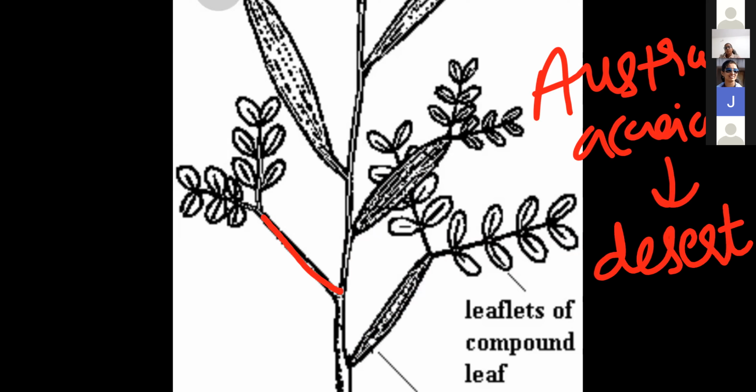To fulfill the food requirement of the entire plant, particularly the petiole is modified for photosynthesis.